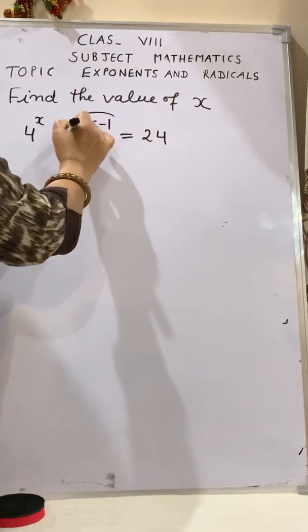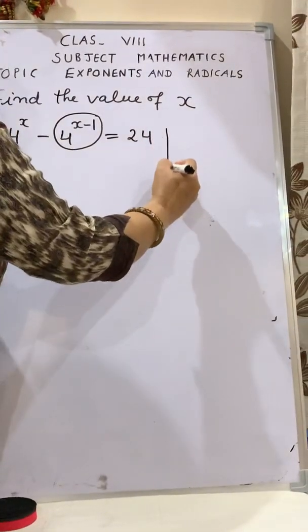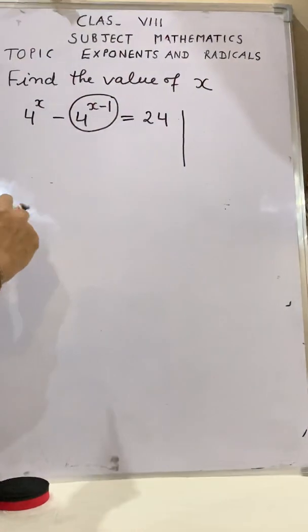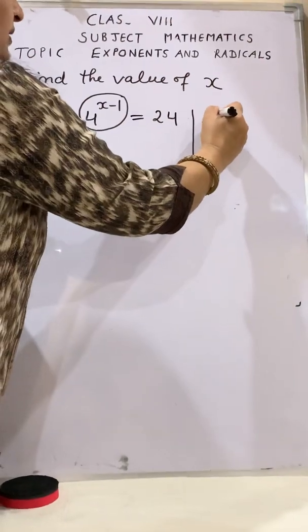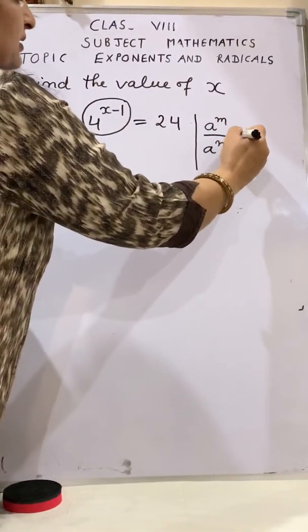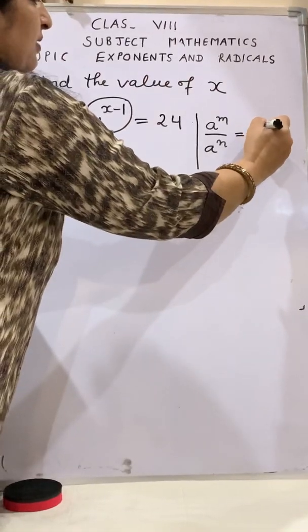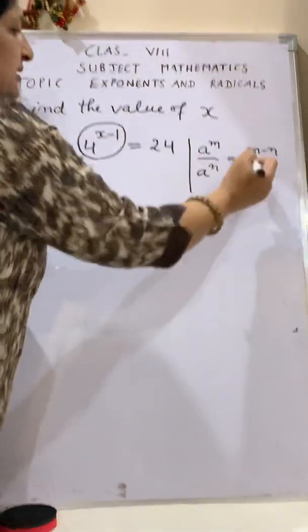First of all, we write. Which law is applicable here? We write a raised to power m divided by a raised to power n is equal to a raised to power m minus n. Here the right hand side is given.